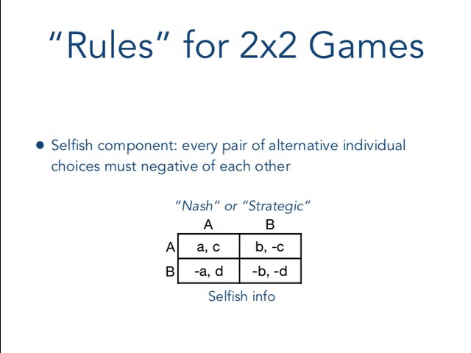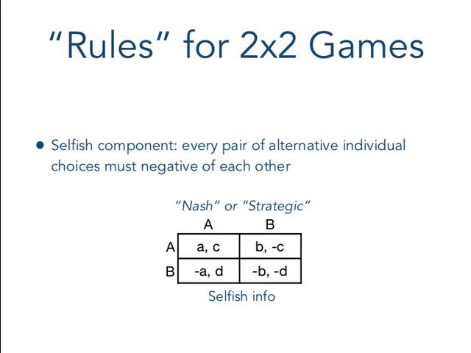In it, I'll ask you to follow these rules and create different kinds of 2x2 games where cooperation is aligned with selfish incentives or it's not, like we just saw, and so on. All kinds of interesting examples for you to play around with and explore. So let me tell you these rules. These quote unquote rules are actually mathematical symmetries that make this whole thing work, but I'm not going to get into the details of it.